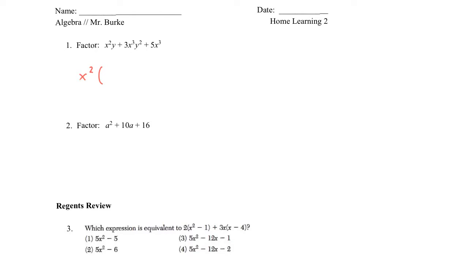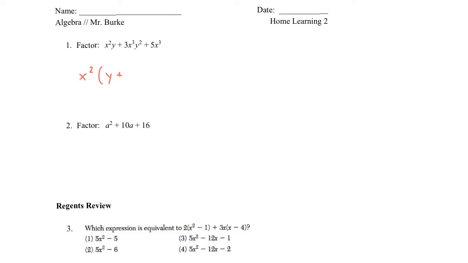So now I need to move on to, okay, what goes inside the parentheses? In other words, what do I multiply x squared by in order to get this polynomial? So we're going to take it one step at a time. What do I multiply x squared by in order to get x squared y? I have to multiply by y plus.